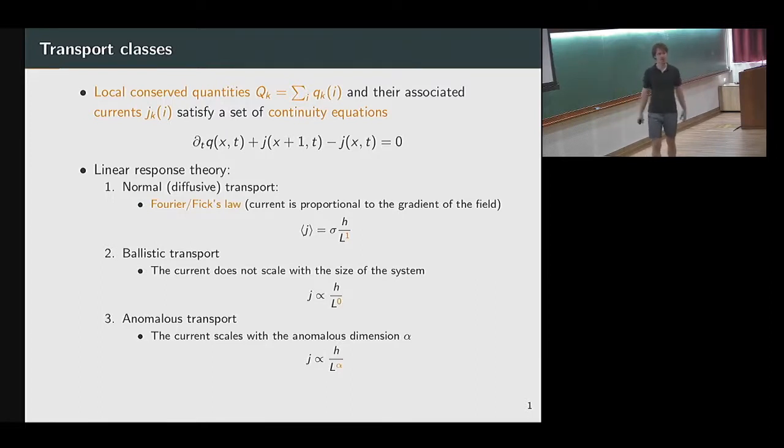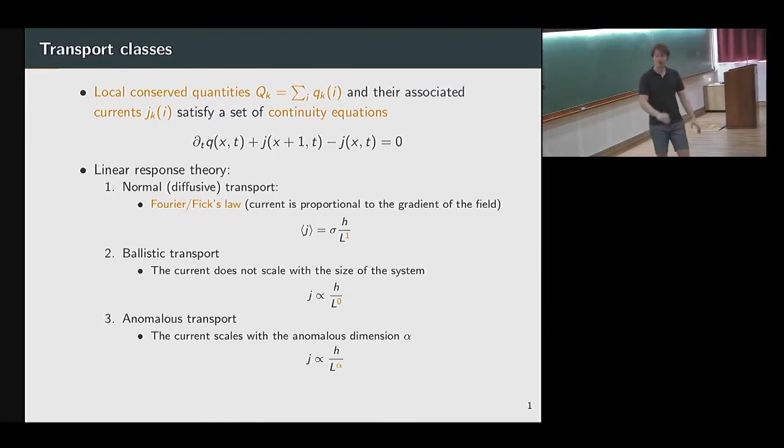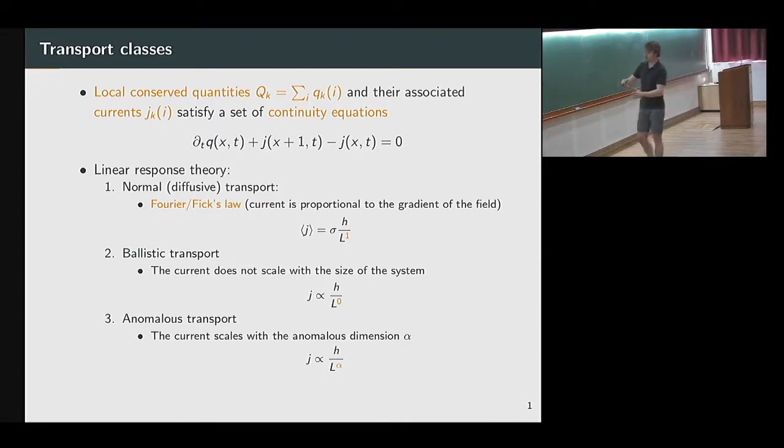I'll focus on one-dimensional systems, mostly lattice systems, but basically the procedure can also be used for continuous systems. If you have local conserved quantities, local observables develop hydrodynamical tails, so time scales become relatively long, and we can observe some interesting physics.